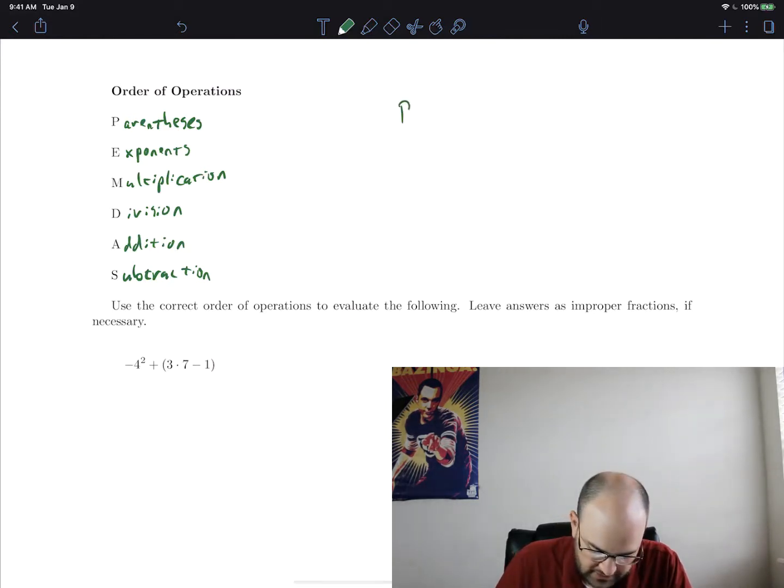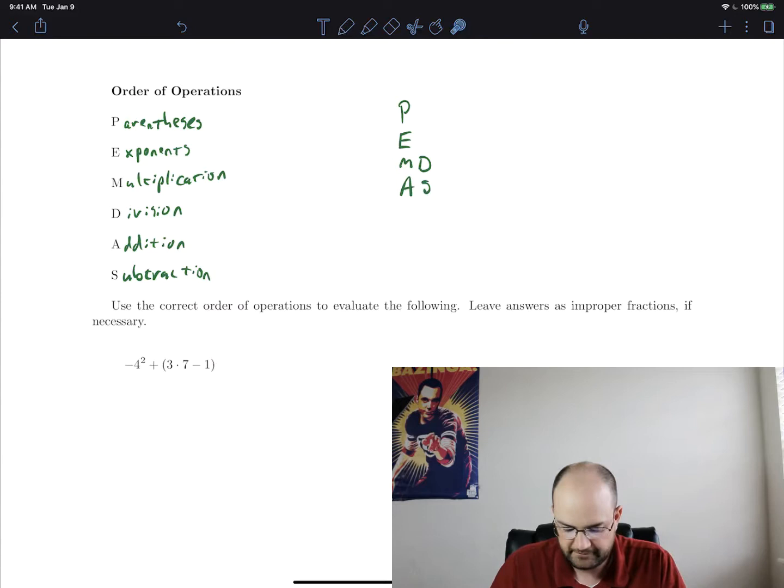What I prefer to see is something like this. Because division and multiplication really are on the same level as each other, and the same thing with addition and subtraction. So division is just a special form of multiplication, and subtraction is just a special form of addition.